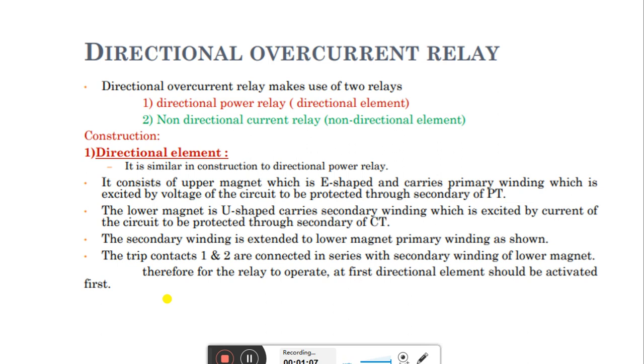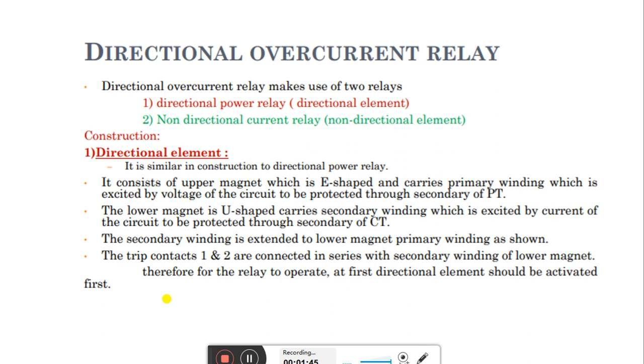So when both the quantities are supplied to the windings, there will be a torque developed, and by developing this torque the disc starts rotating. As soon as this disc reaches the contacts, the circuit breaker trips. So we require a voltage relay and at the same time a current relay, that is a potential transformer and a current transformer, to operate a directional relay.